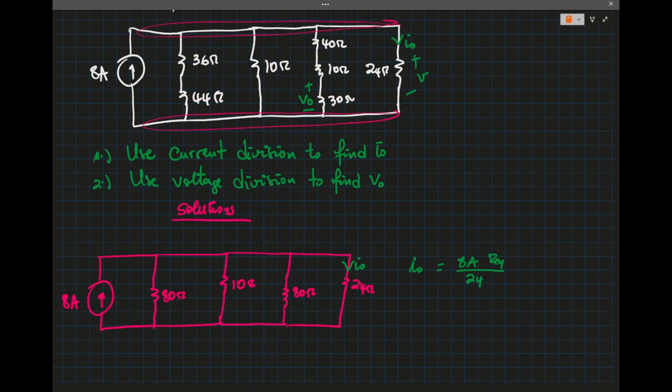So what is R equivalent? R equivalent will be 1 over, 1 over 80 plus 1 over 10 plus 1 over 80 plus 1 over 24.